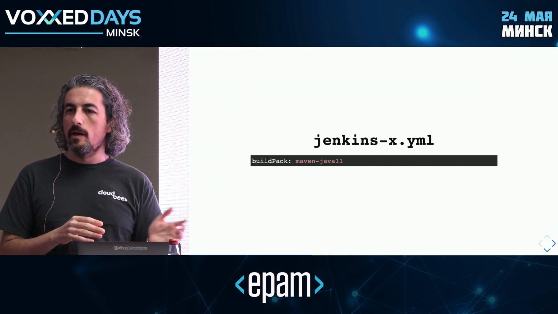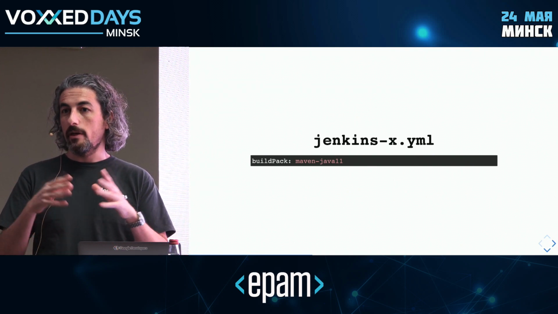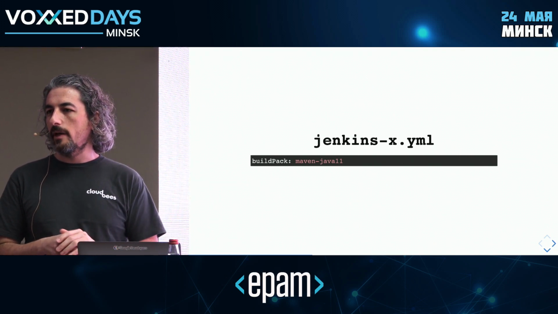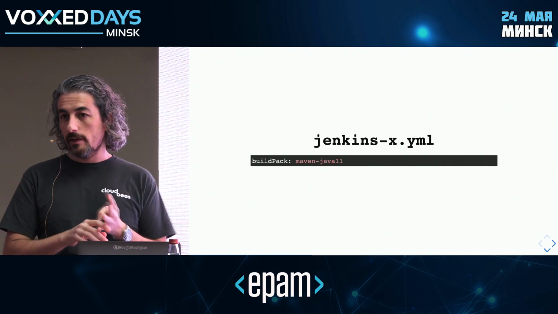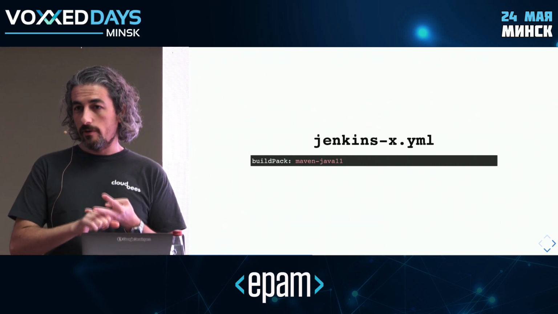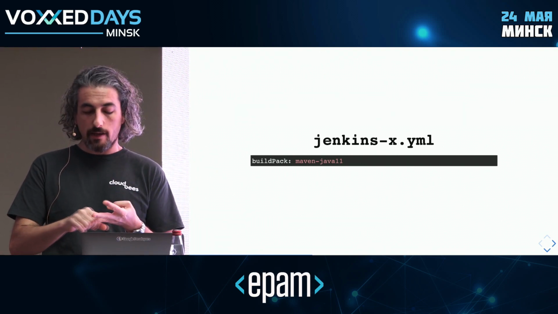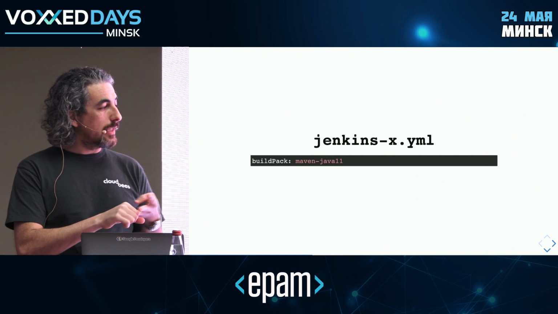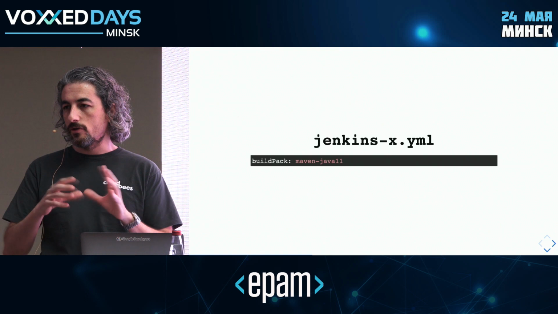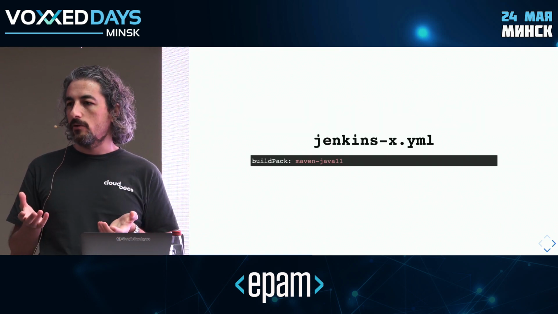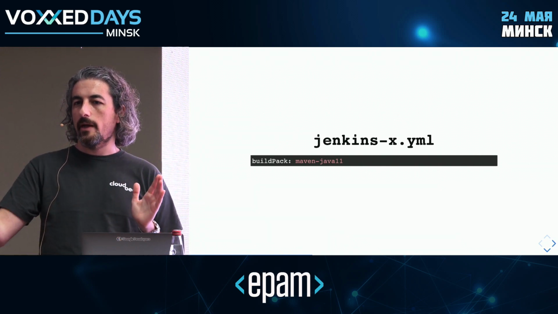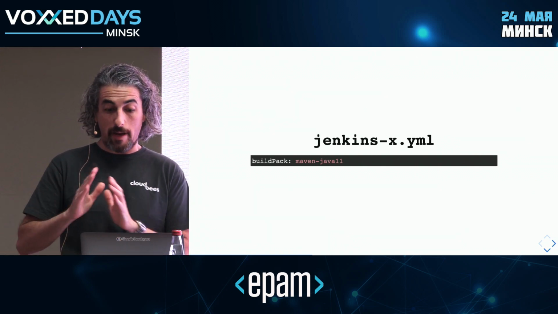You can configure them, but if you stick to this opinionated process, just this file is going to do your Maven build in a container. It's going to create a Docker image with the results of your build and the JDK or the JRE, whatever is needed. It's going to create a Helm chart with those contents, and it's going to deploy that to Kubernetes. So this is all you need to get a full source code to deployment in Kubernetes pipeline.